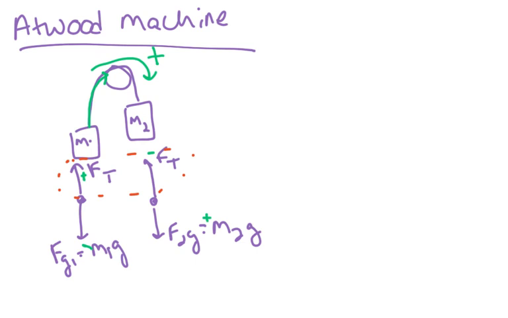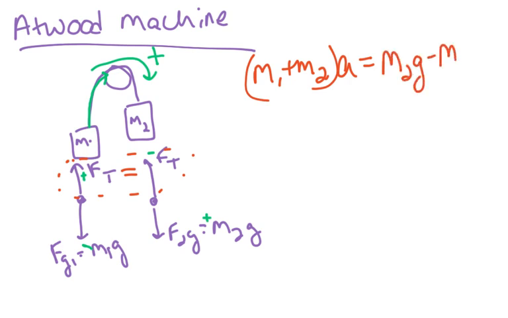So what we end up with is you can do these with individual sum of the force equations. If I just do one sum of the force equation, and I have m1 plus m2, that's my total mass times the acceleration. These two forces here are equal to each other because they're third law pairs, so I just end up with the gravitational force on 2 pulling on the gravitational force on 1.